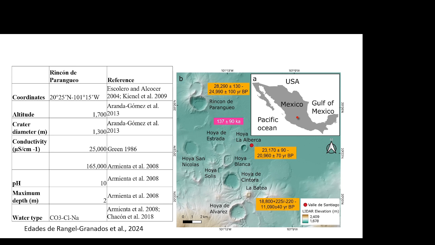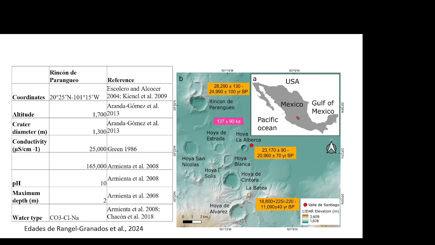And until last year, we thought that it had formed less than 137,000 years ago, but several new ages suggest that these volcanoes are very young, from 24,000 to 11,000 years before the present.